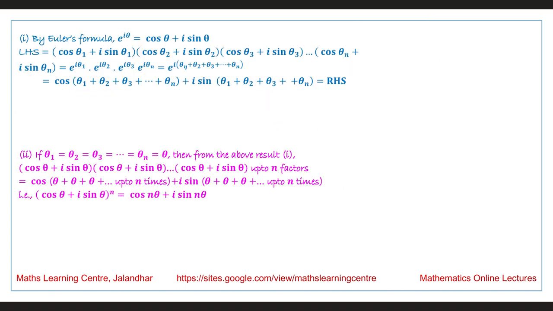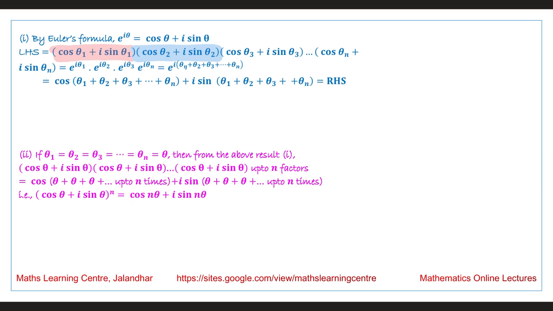So coming to the proof of this result. The first part we are going to prove is the value we are calculating over here, cos of theta 1 plus iota sine theta 1 into cos of theta 2 plus iota sine theta 2.